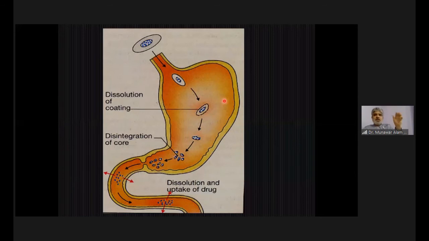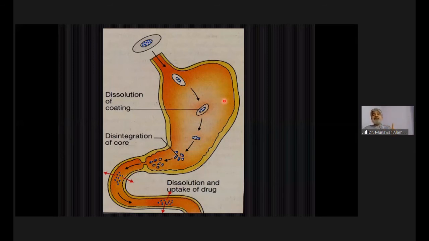If you have seen Brufen, you must have noticed a shiny coat. This is called a coated tablet. Or Ascard, which is aspirin, that we use for the prophylaxis of cardiac patients, because it's coated.